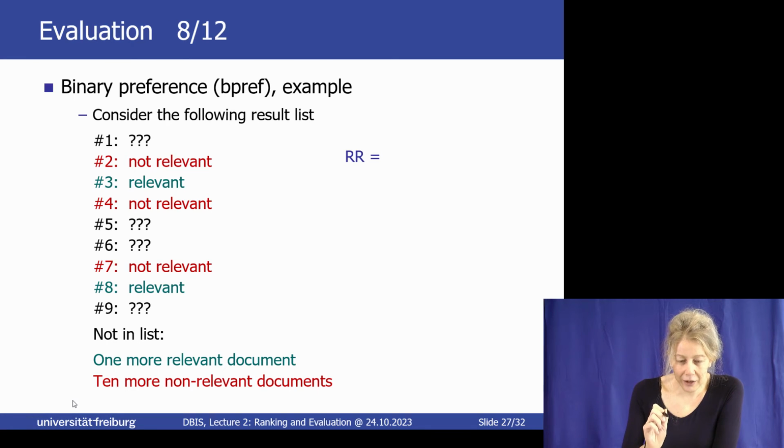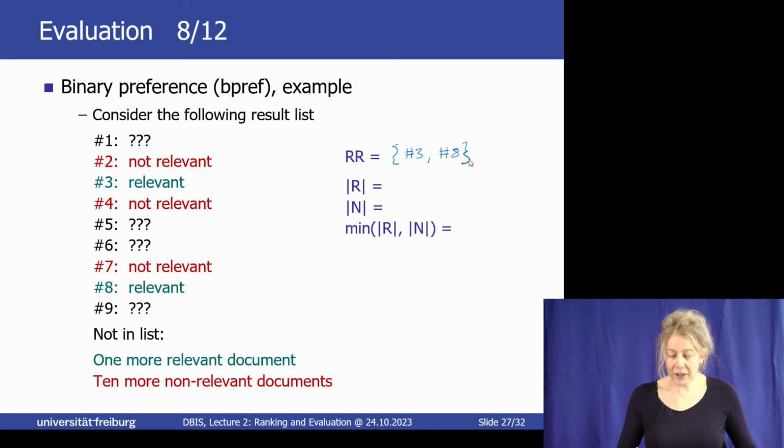So RR is just the relevant documents which we returned. It's the set of relevant documents which we returned, which means in this case it's number 3 and number 8. Okay, then we have the number of relevant documents overall that were judged. For this particular query, 3 relevant documents were found.